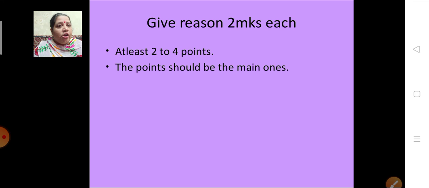You will not write the question only and end up the give reason. No, that will not be counted as a point. So you have to write the main points, either 2 points or 4 points, depending upon the answer.